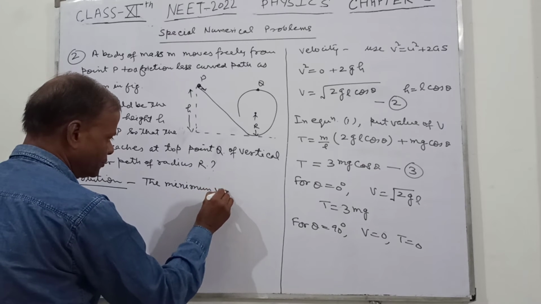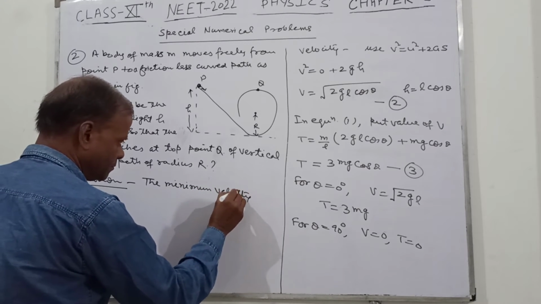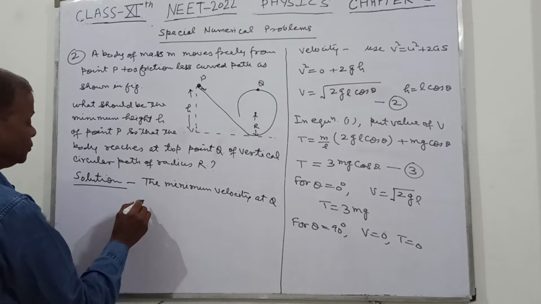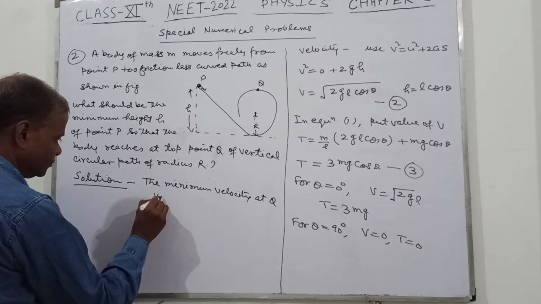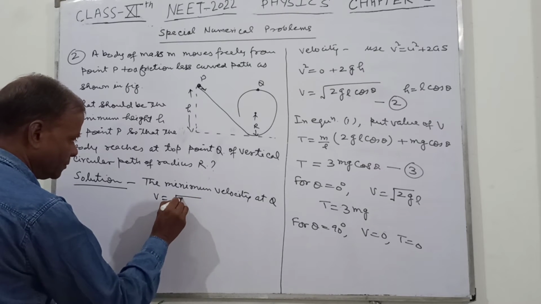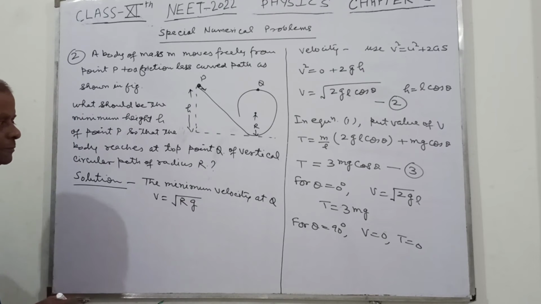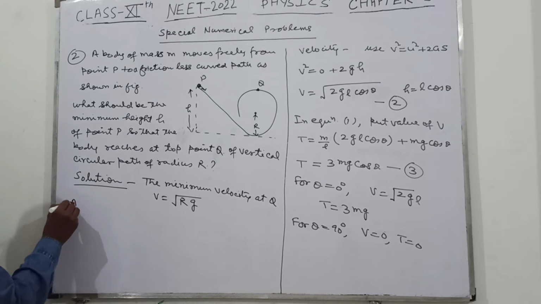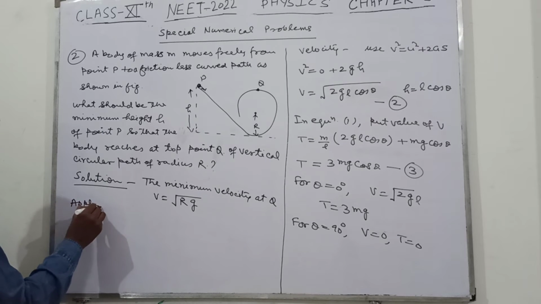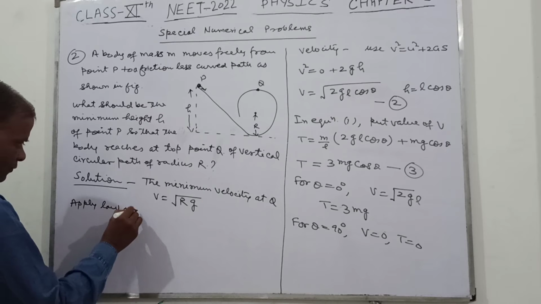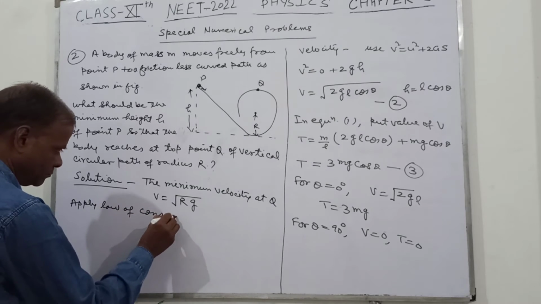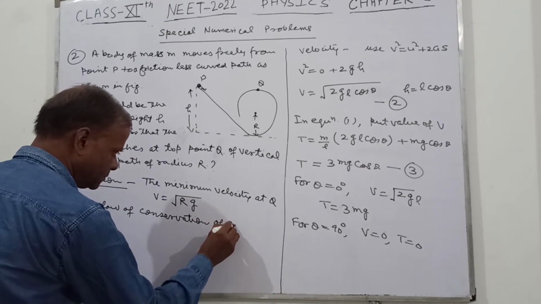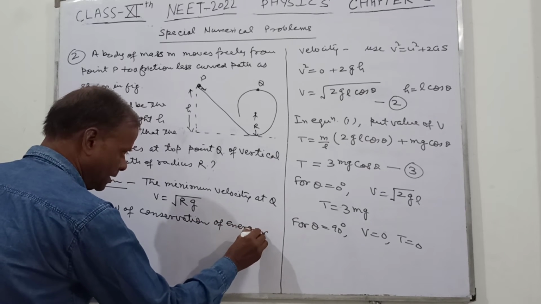The minimum velocity at Q is v equal to square root of rg. So now apply the law of conservation of energy.